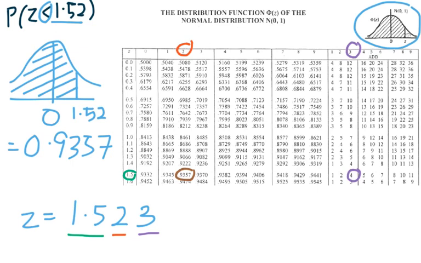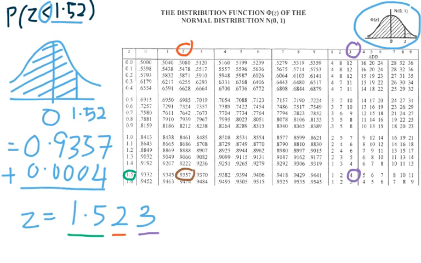So this value of 0.0004, we add to 0.9357. We add it at the back of the last digit of our probability. So that 4 we put here, and the remaining empty spaces we put 0, 0, 0, 0. Okay, so we add these two values.